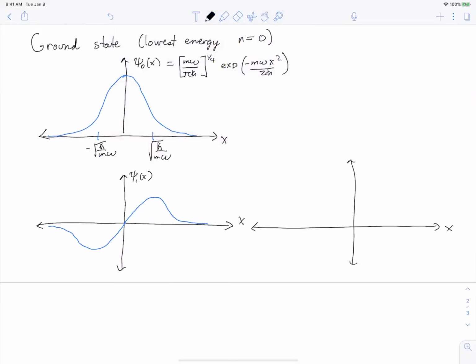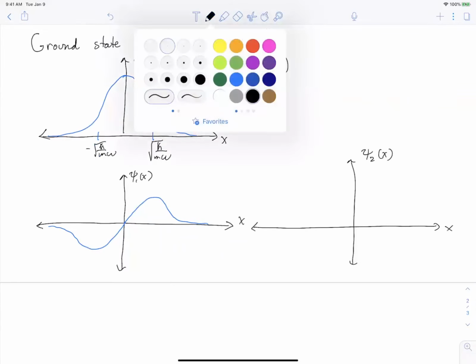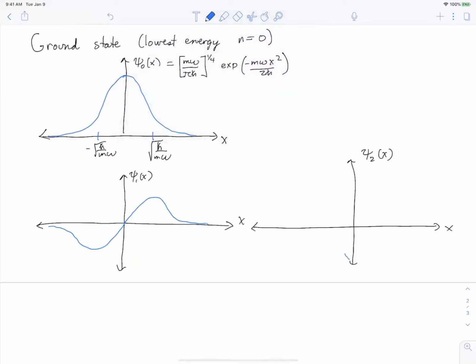Given our phase conventions, it's actually negative down here. It goes negative, positive, like so.